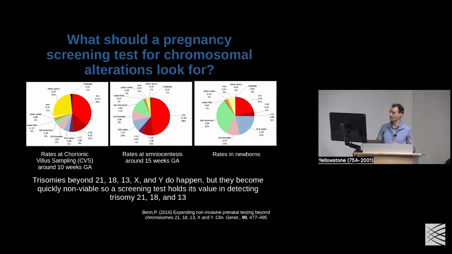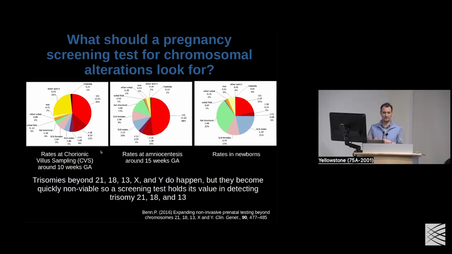For example, if you look at around 10 weeks gestational age, towards the end of the first trimester, you'll find a lot of, here in yellow, what are called other autosomal trisomies, trisomies beyond the common ones: trisomy 21, trisomy 18, and trisomy 13.